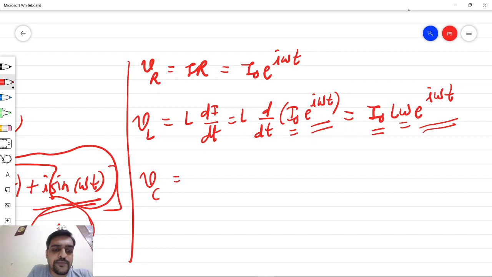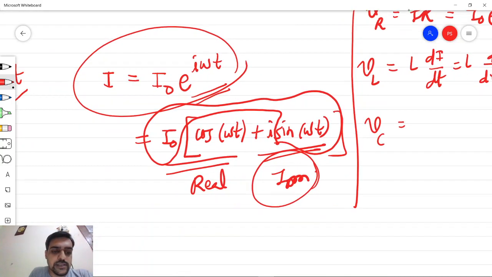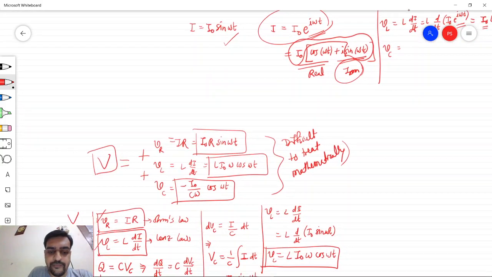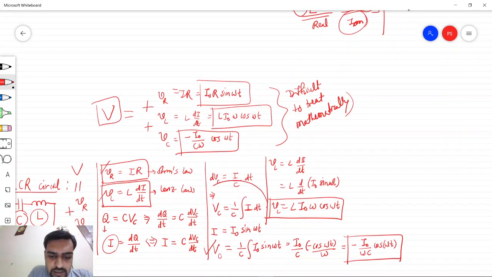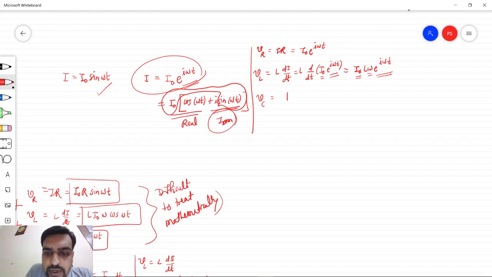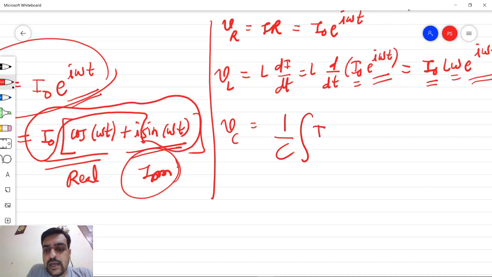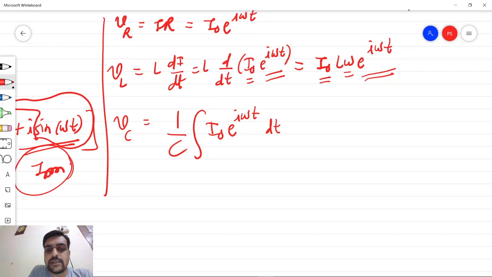And Vc would be equal to, just the same rule is to be followed. Vc is this 1 by c integral I dt. So it is 1 by c integral I0 e raised to i omega t dt. Now this is just I0 upon c omega e raised to i omega t. Correct.